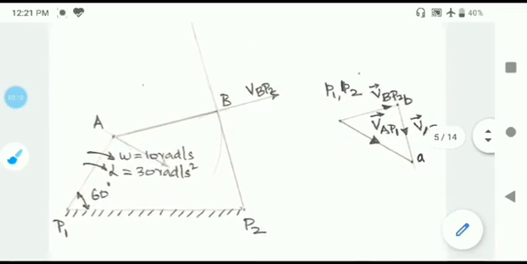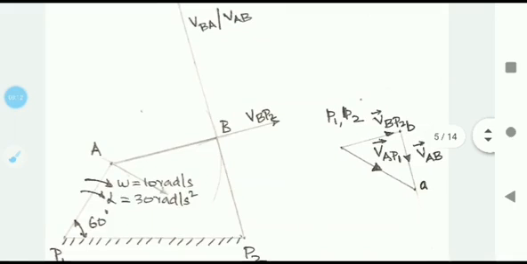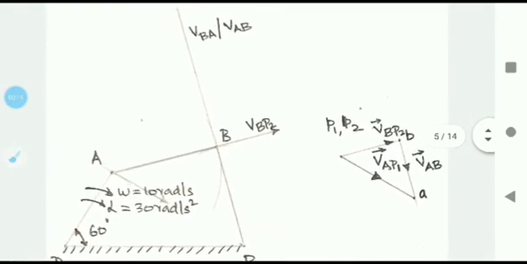You can label the velocity diagram as I have labeled here.